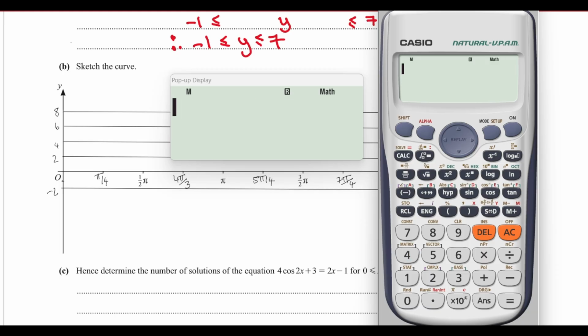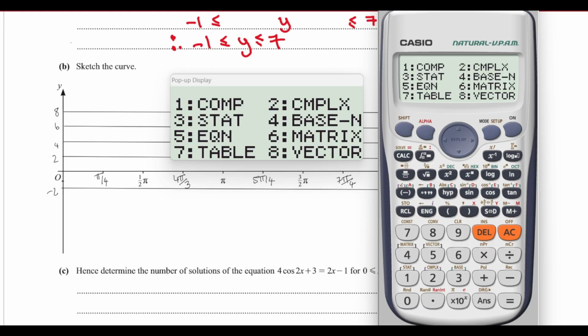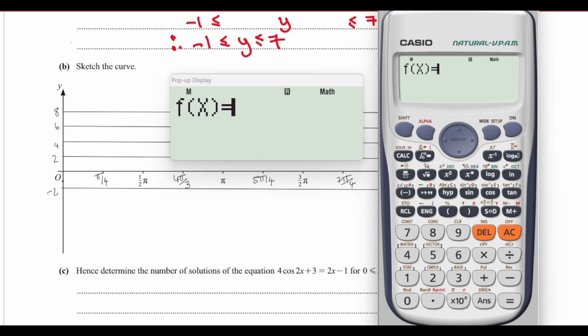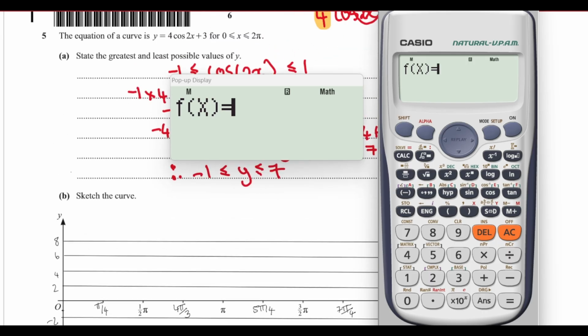Now we're going to press mode and go to the table mode. I'm going to put in our function, our cosine graph, cos 2x plus 3. The calculator is going to ask, where do you want to start?